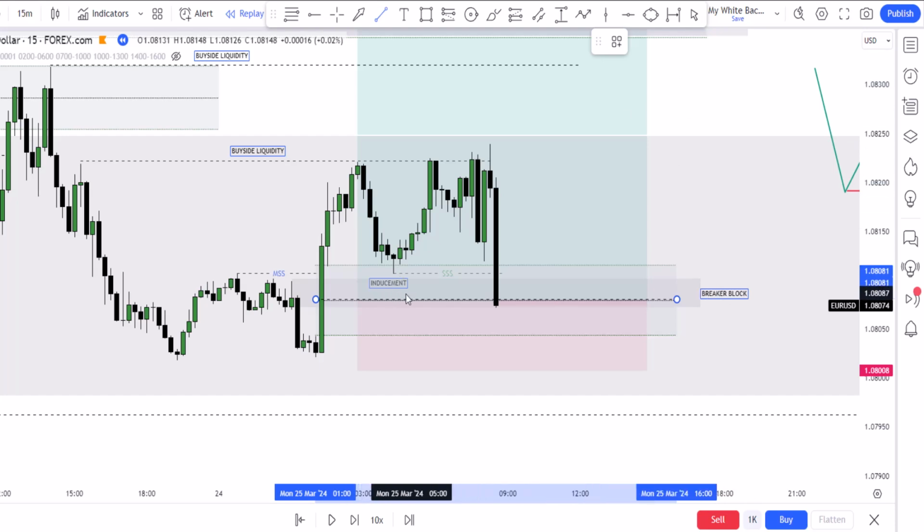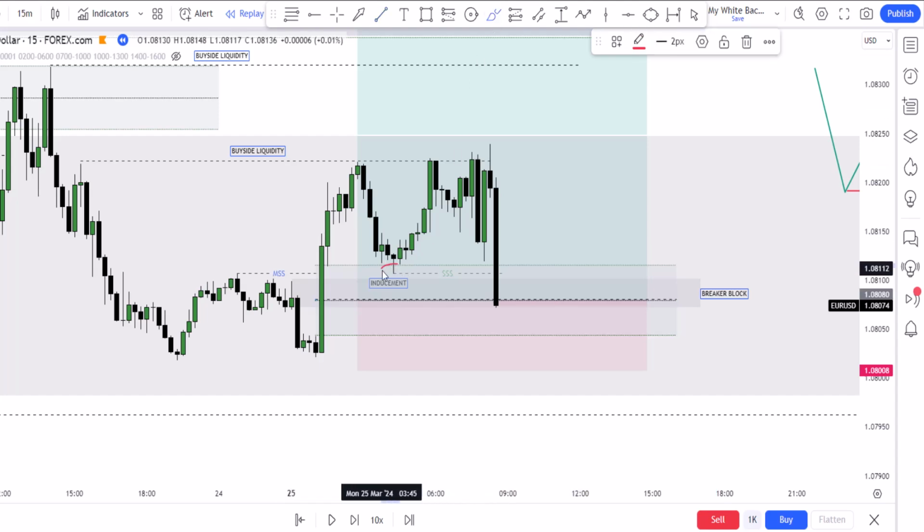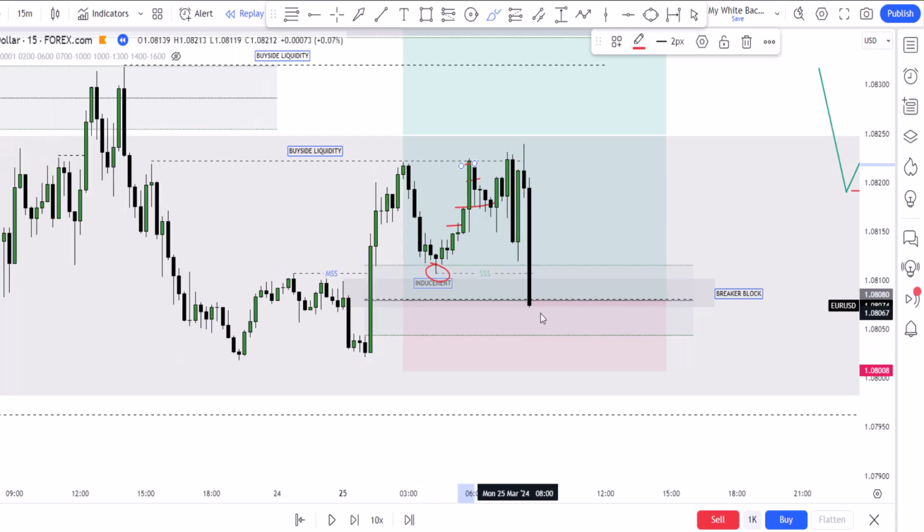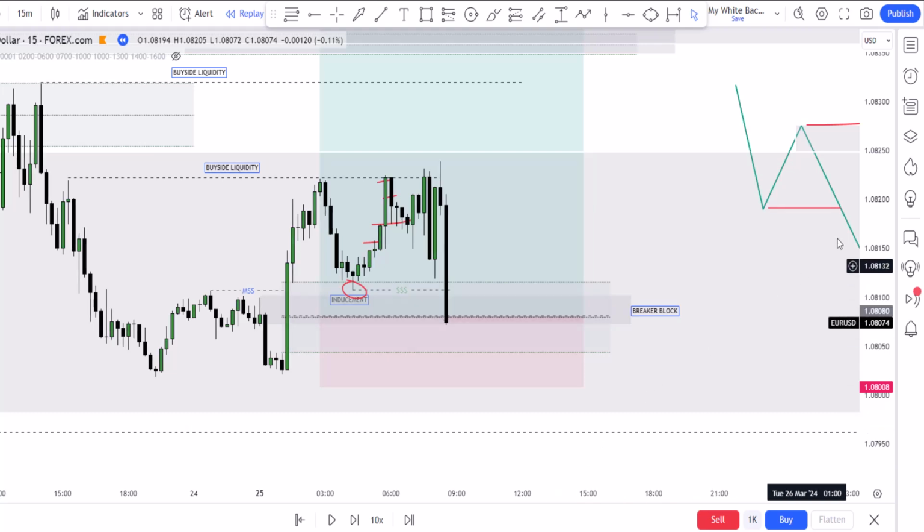So if price did not come here and we saw it going up, it is possible that it is an inducement. Inducement is simply a deception that happens from price creating a fake kind of movement, inducing people into, let's take it, and boom, they are stopped out. So this was the exact trade I took, the buy model.